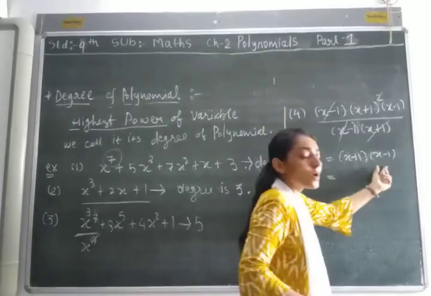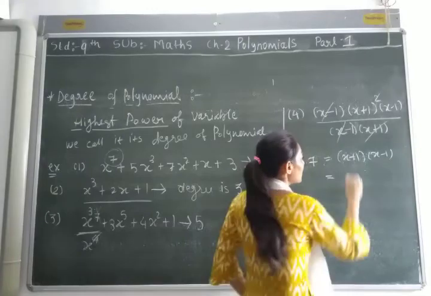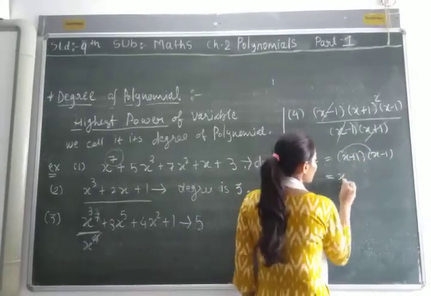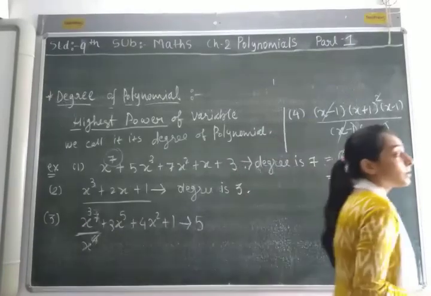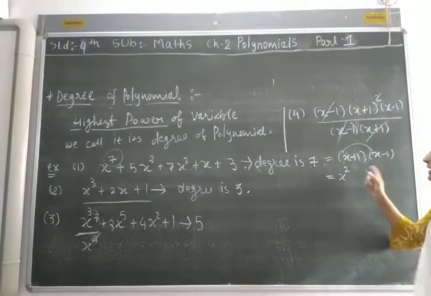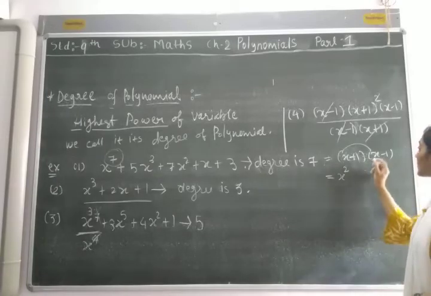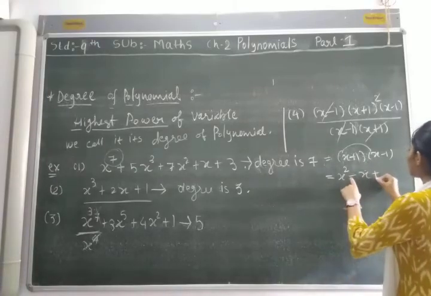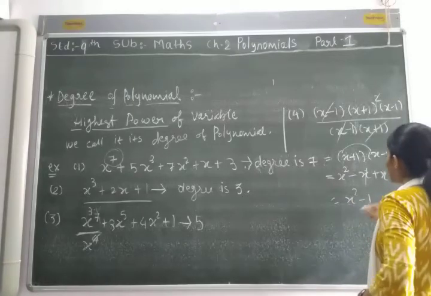Now solve this one and find the highest power. Just do the multiplication; you already learned how to multiply these two algebraic expressions. So x square minus x plus x minus 1. The middle terms cancel, giving x square minus 1.